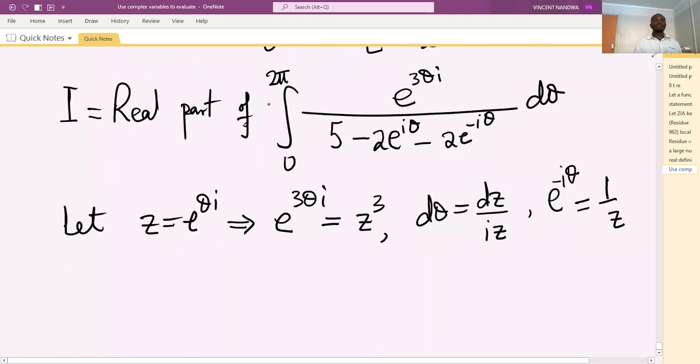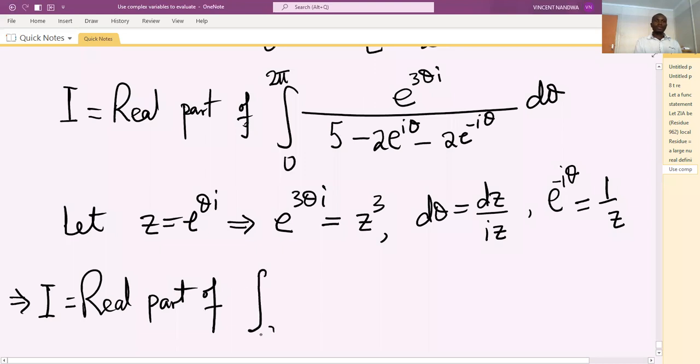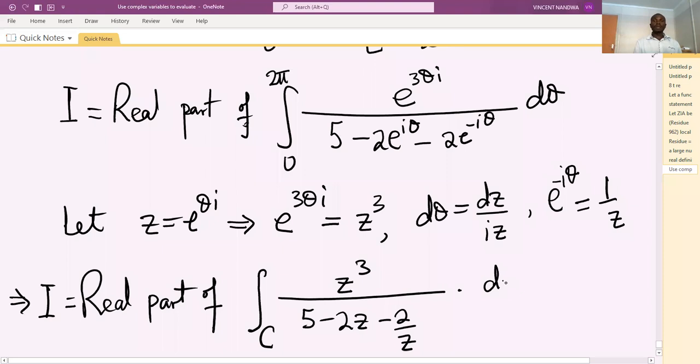Now it turns into the contour integral. So I will be the real part of the contour integral of z cubed over 5 minus 2z minus 2 over z, then you multiply by dz over I z, that's the value of the d theta.